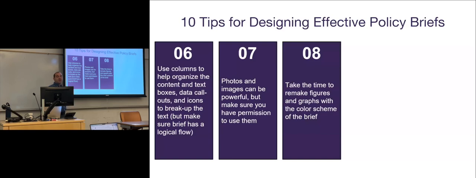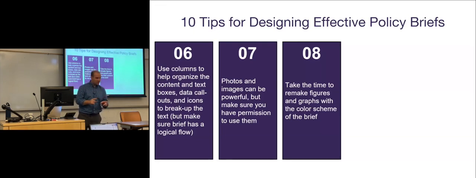Take the time to remake figures and graphs with the color scheme of the brief. This is, I think, one of the biggest ones that really shows the different levels of how professional a brief looks. If that graph or the figure aligns with the color scheme of the brief, it looks super polished and professional. If you clip something and you put it in there, it looks like you clipped something and put it in there.